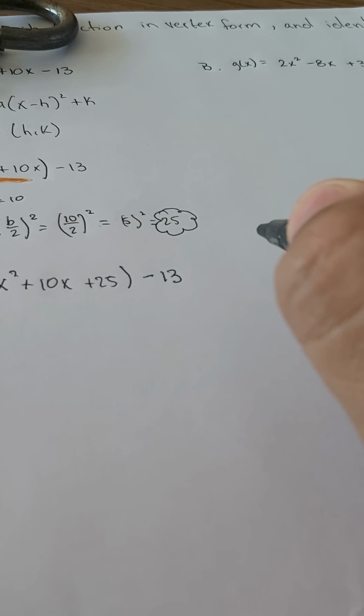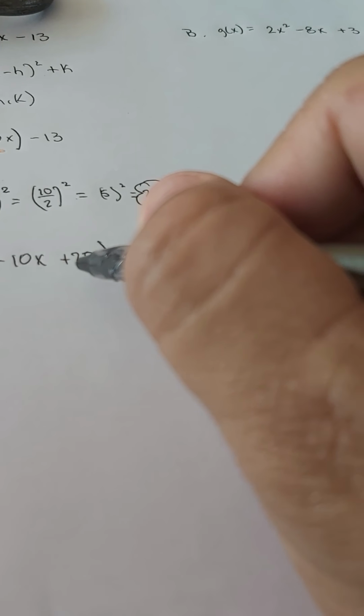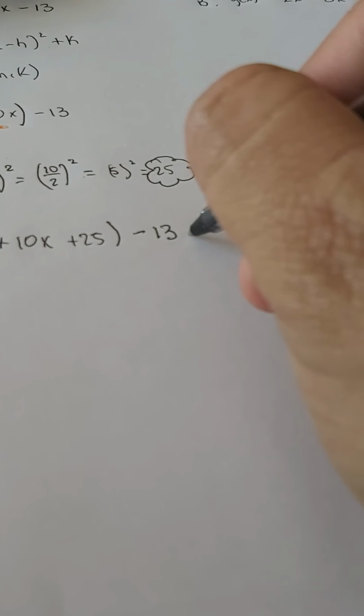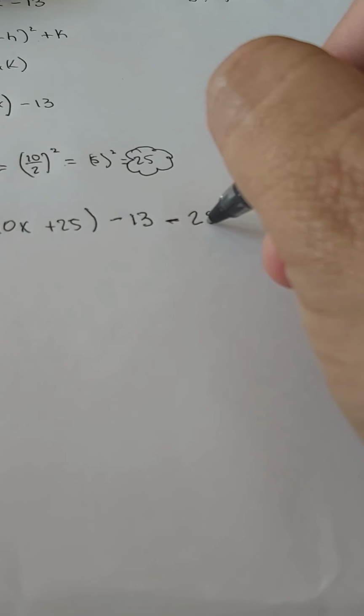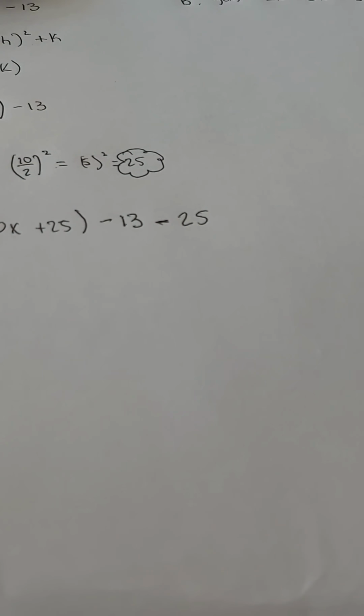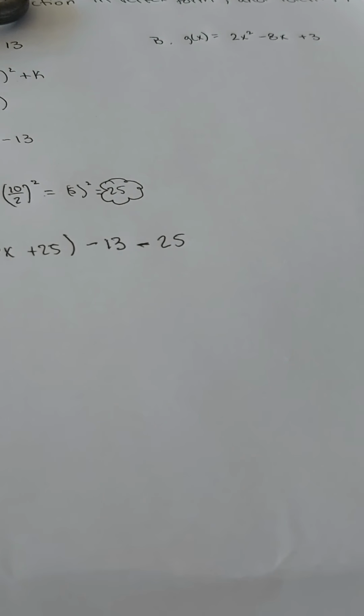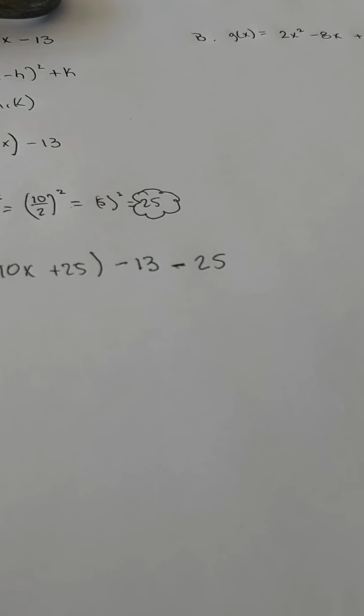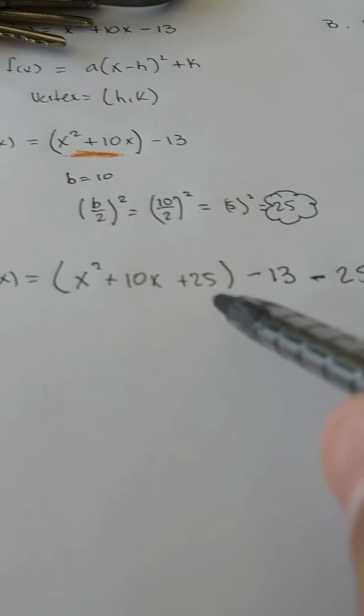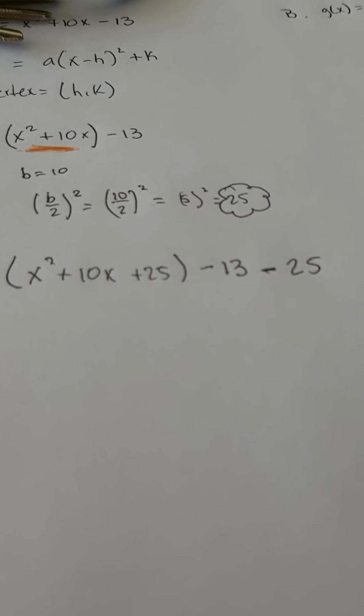In order to keep it balanced, if we add 25 inside, we have to subtract 25 outside, because 25 minus 25 is 0 and the equation is still balanced. So if we add 25 inside the parentheses, we subtract 25 outside.